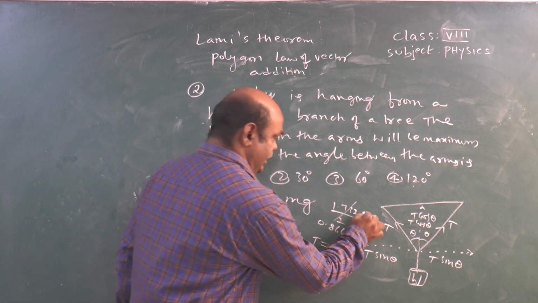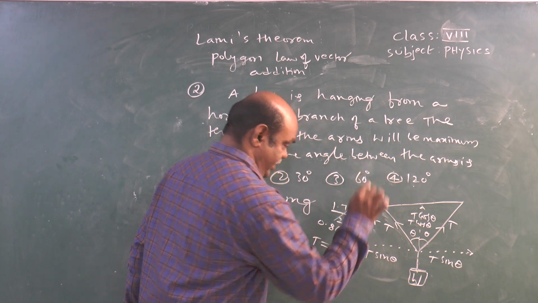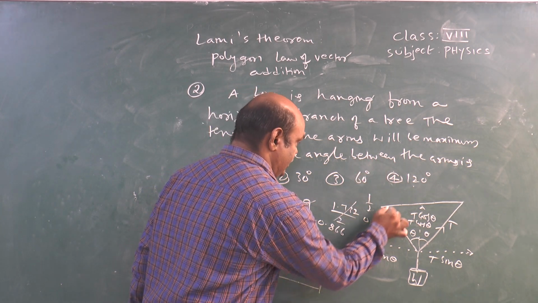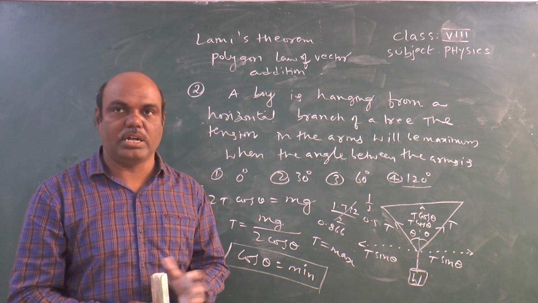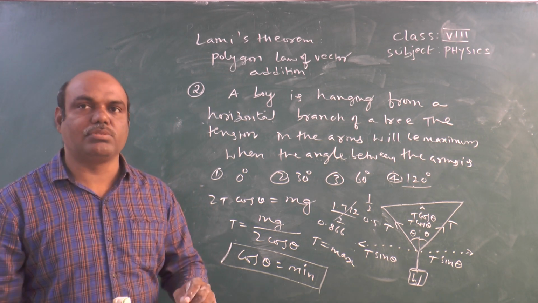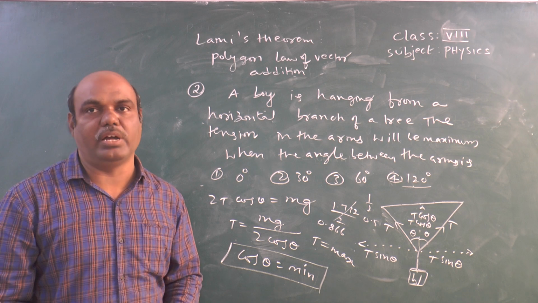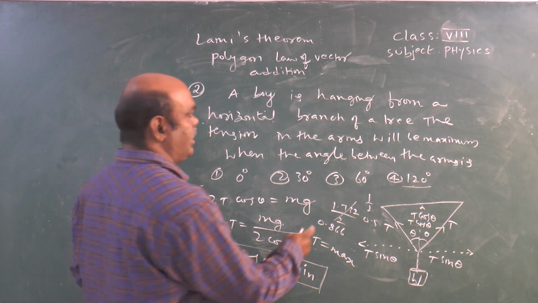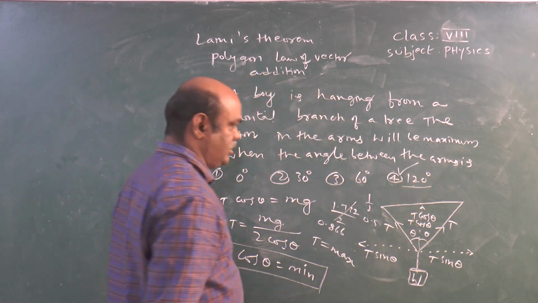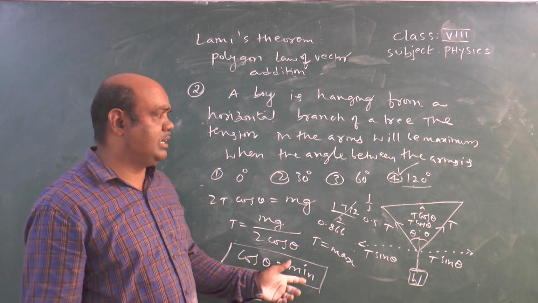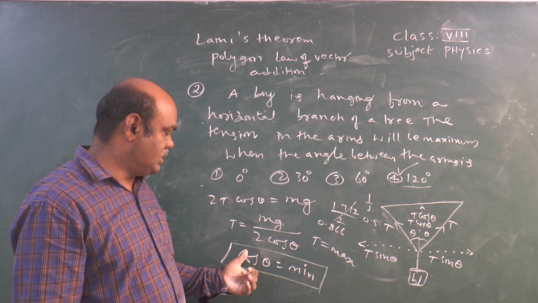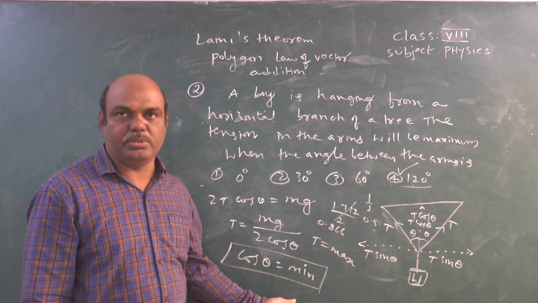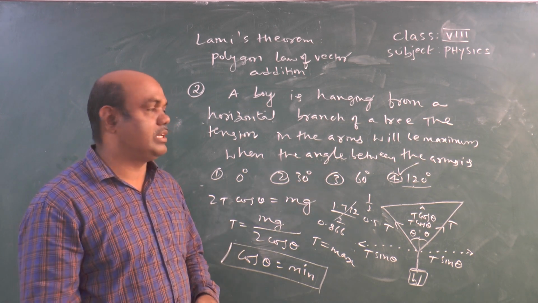Cos 60 degree is 1 by 2, 0.5. But cos 120 degree is minus 1 by 2, this is the minimum value. So if you consider angle 120 degree, cos theta will be minimum. So the fourth option is correct.